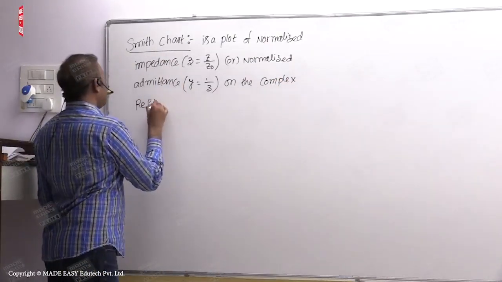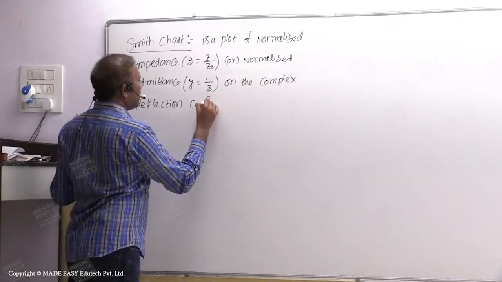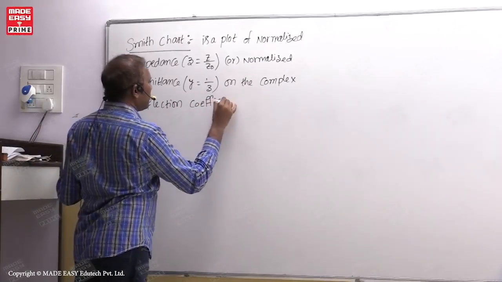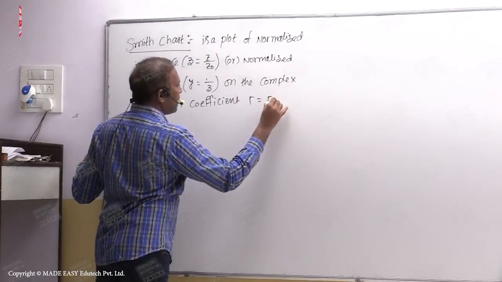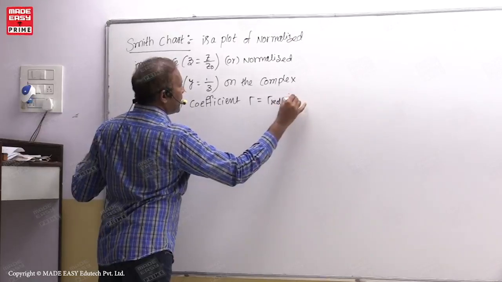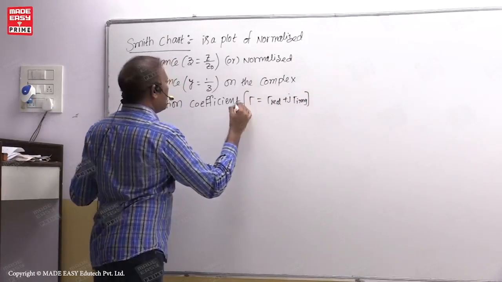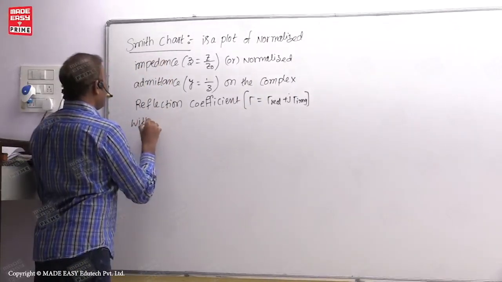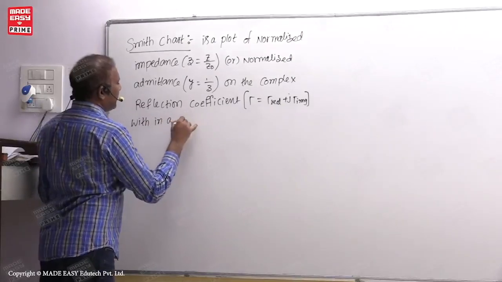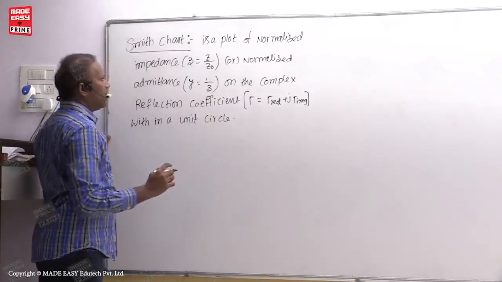reflection coefficient, that is nothing but gamma is equal to gamma real plus j gamma imaginary, on the complex reflection coefficient within a unit circle.